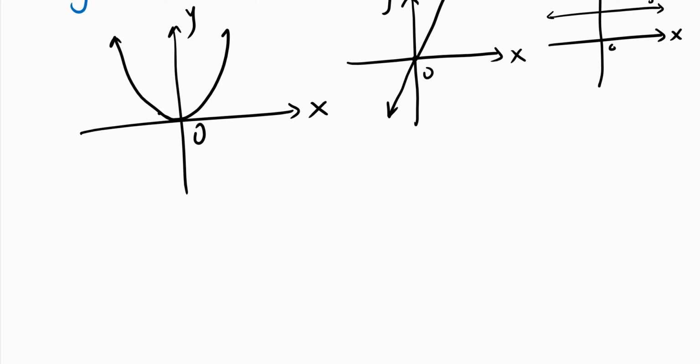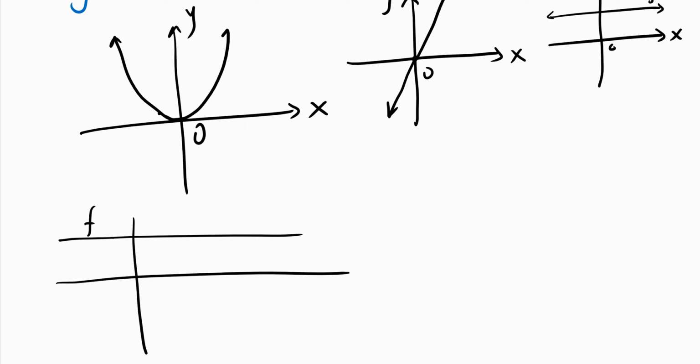So the first guideline, let me put it this way. If the function has a point that is either a min or a max, then for the derivative, that min or max is going to go down on the x-axis.